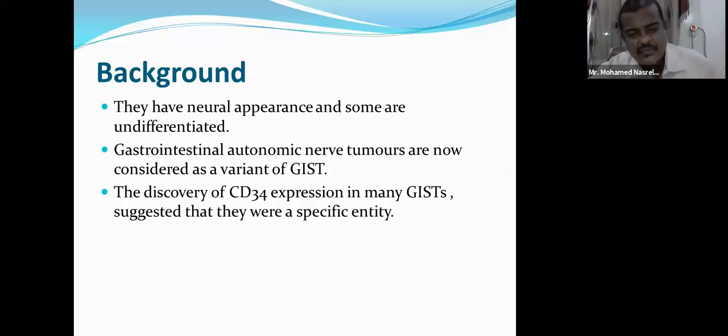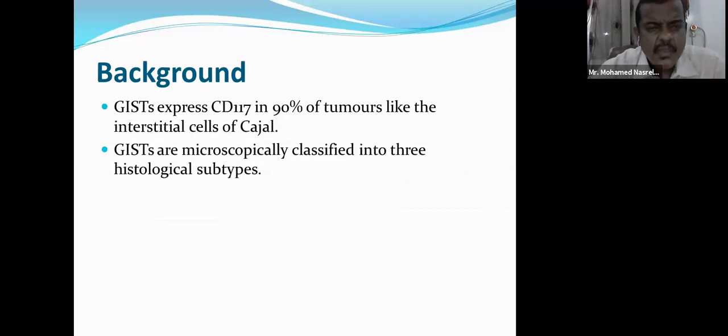Immunohistochemical studies with the discovery of CD34 expression in many GISTs suggested that they were a specific entity. Gastrointestinal stromal tumors express CD117 in 90% of tumors, just like the interstitial cells of Cajal.